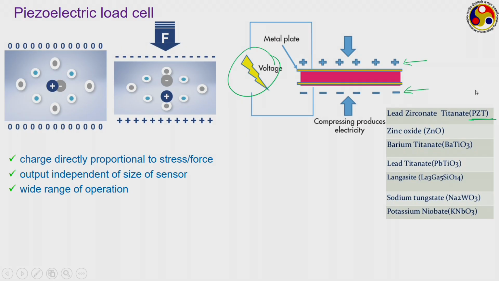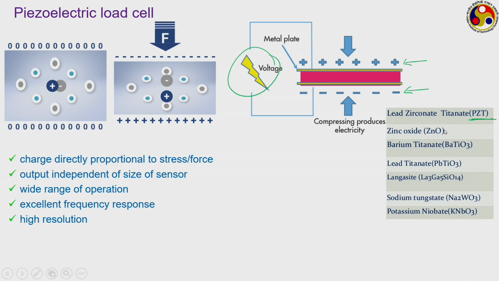Then, wide range of operation: as I just mentioned, it generally shows excellent frequency response for any kind of transient input. Therefore, we can easily use piezoelectric load cells, particularly for dynamic measurement; they are very suitable for dynamic force measurement, mainly because of this excellent frequency response, because the response times are quite small, and they hardly have any amplitude distortion or phase distortion.